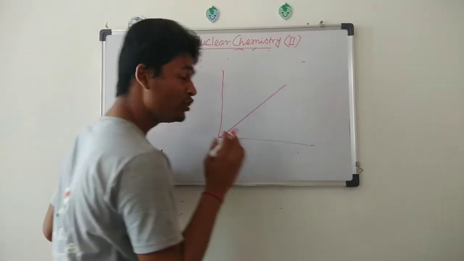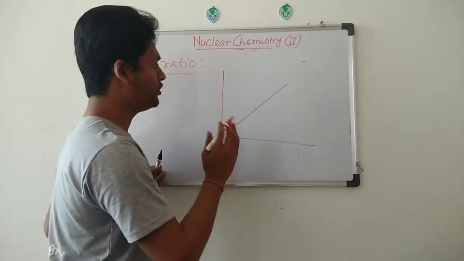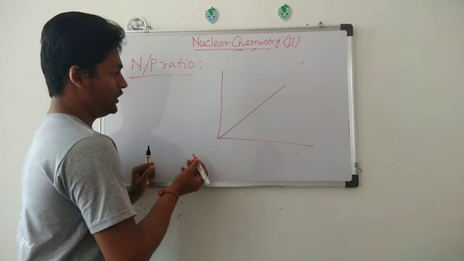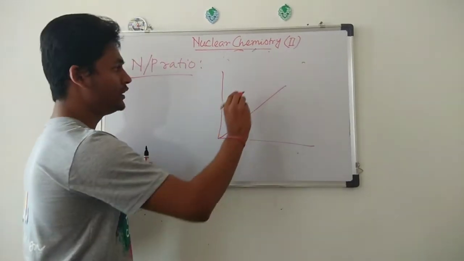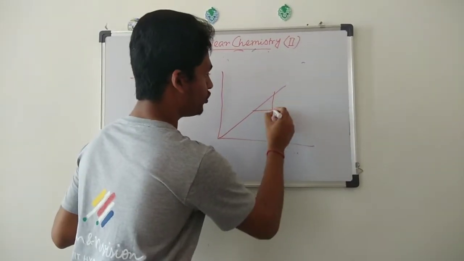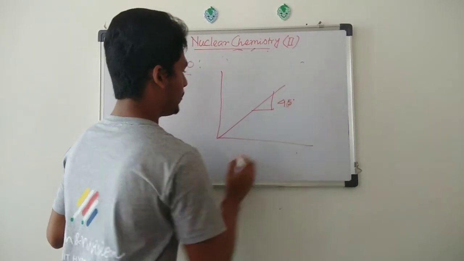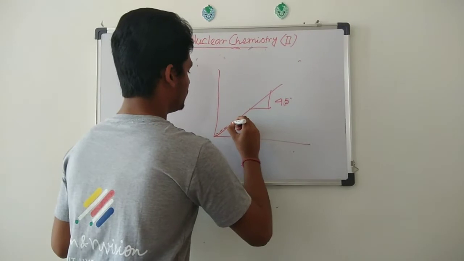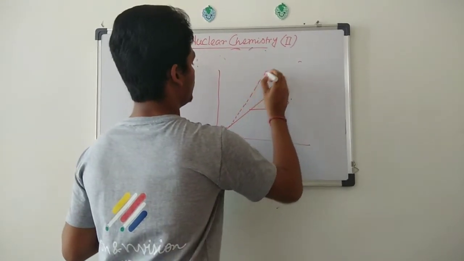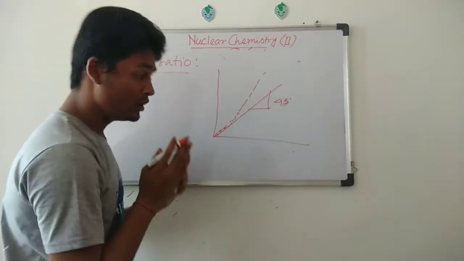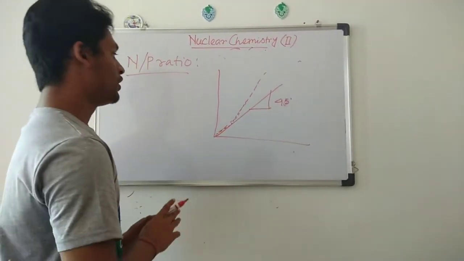They thought it would be 45 degrees, because with the number of protons, neutrons should increase in a linear way, but it is not that good a linear way. The angle is not 45 degrees in the experimental case. It has some deviation from the 45 degree straight line.